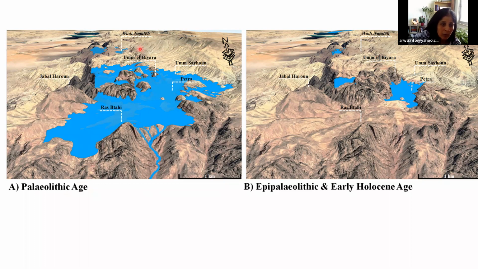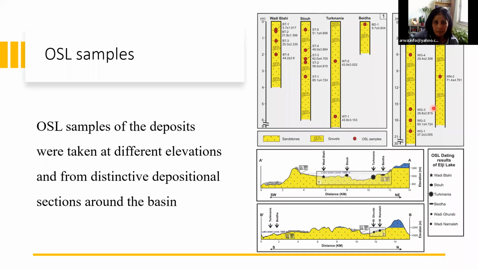It started from Wadi Namila in the north and Ras Ftahi in the south, and they have a drainage and leakage in the south. The lake has shrunk by time, and this is a simulation for this lake during the Paleolithic and early Holocene age.